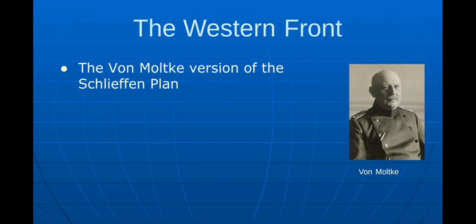Well, remember, it's the Schlieffen Plan. If you get confused about the names, it's because Schlieffen's dead by World War One. It was just his plan. And the German leader of the forces, von Moltke, initiates the plan.